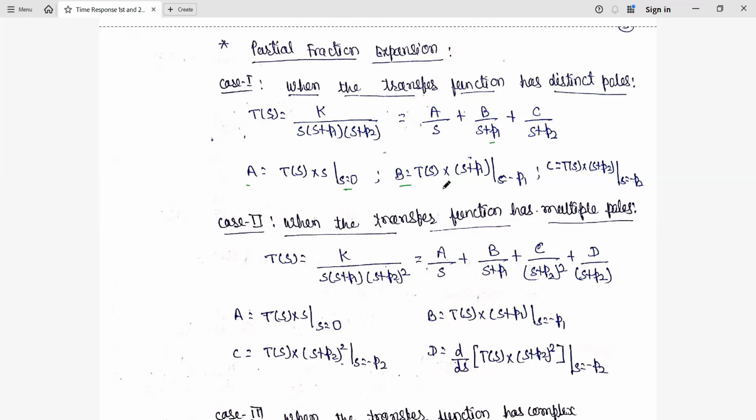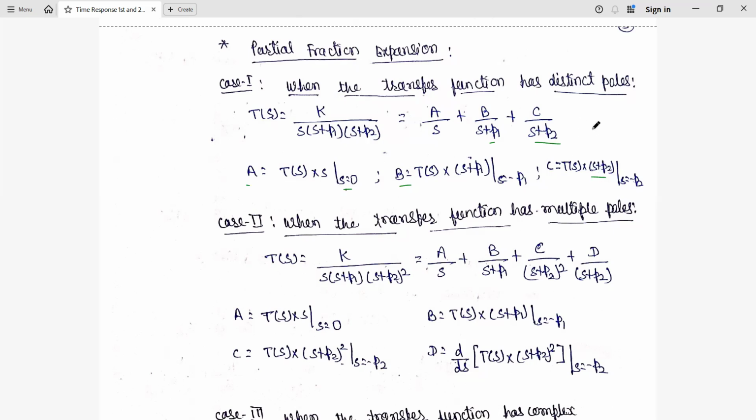To obtain B, the transfer function is multiplied by s plus p1, and then we substitute s equal to minus p1. Similarly for C, the transfer function is multiplied by its denominator, like here s plus p2. So we are multiplying by the denominators and equating the denominator to 0.